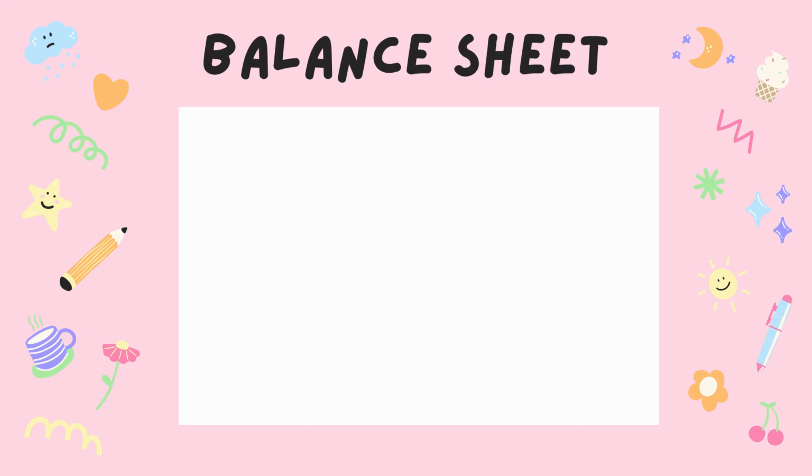Now the third requirement is to prepare the balance sheet. To prepare the balance sheet, you need to write first the company's name, then the statement name, which is balance sheet, then the date, which is December 31st, 2016. Okay, you don't need to write year ended 2016, only December 31st, 2016. And in the balance sheet, you need to write the equation, which is assets equals liabilities plus equity.